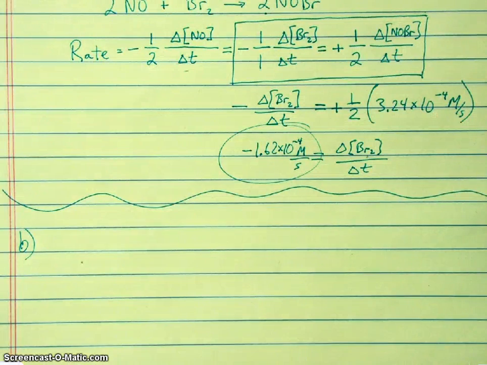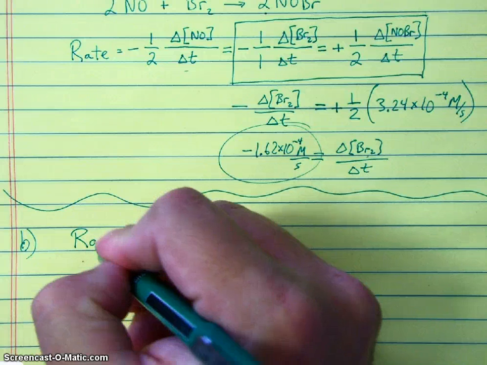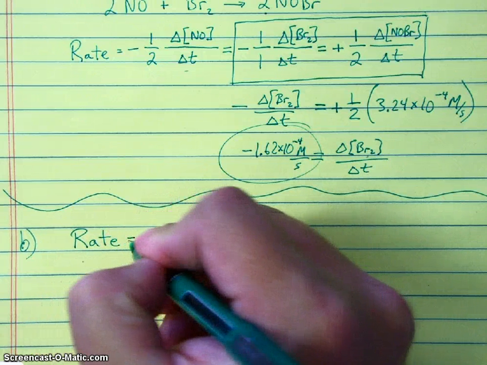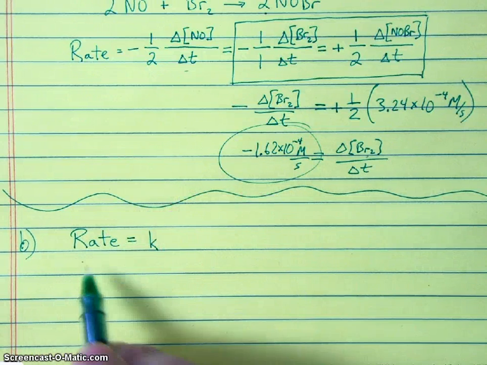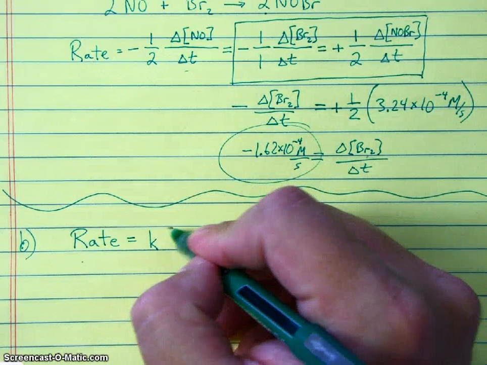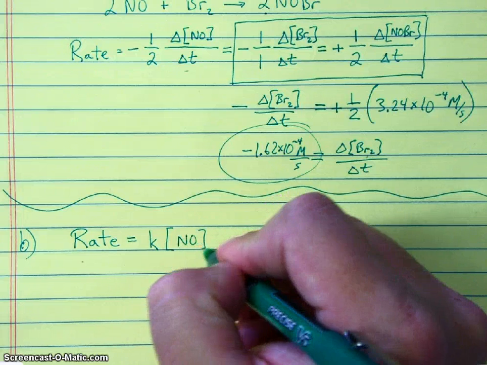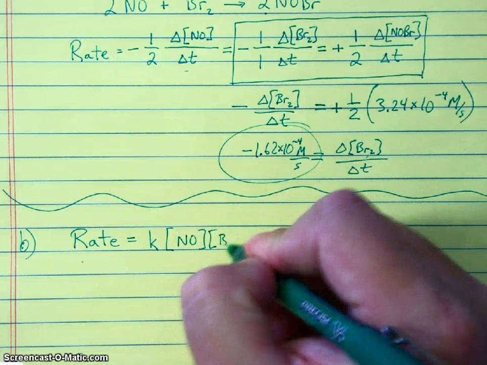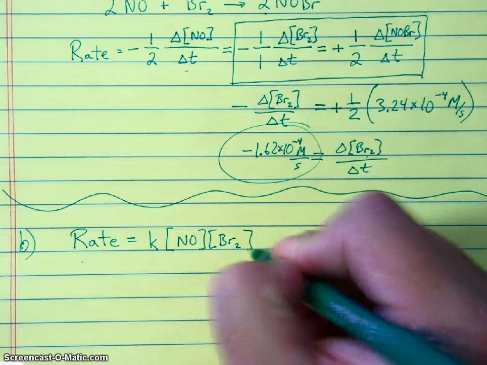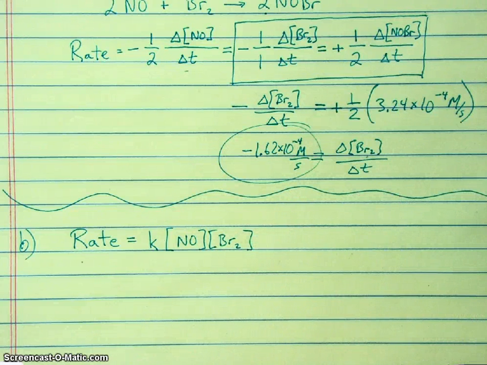These calculations are based on the rate law, and you know that the general form of the rate law is rate equals K times concentration of the first reactant, which in this case is NO, then the concentration of the second reactant, in this case it's Br2. To determine the order, we're going to find a ratio of rate laws.